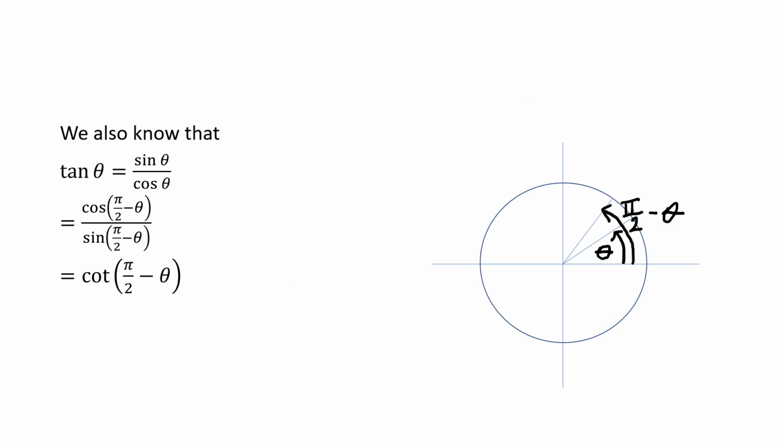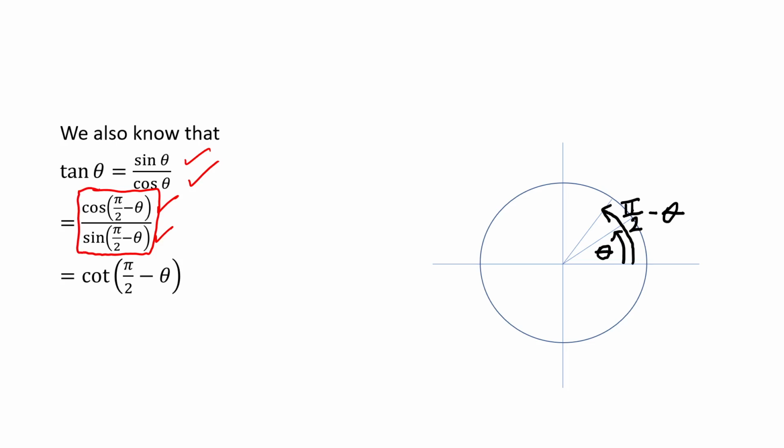And finally, let's look at the relationship for tan theta. Well, to do this, we're going to look at our trig identities that we know so well. We know that tan theta is equal to sine theta over cos theta. But we've just established that the sine of theta is equal to the cos of pi over 2 minus theta, and that the cos of theta is equal to the sine of pi over 2 minus theta. Now, if you look at this second line right here, we have the same angle in numerator and denominator, and we've got cos over sine.